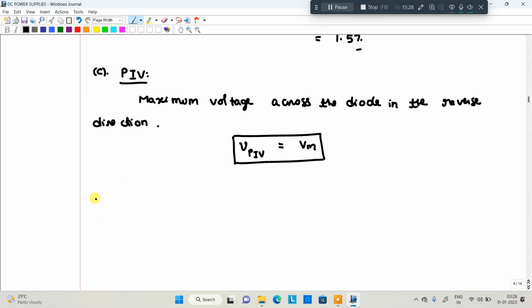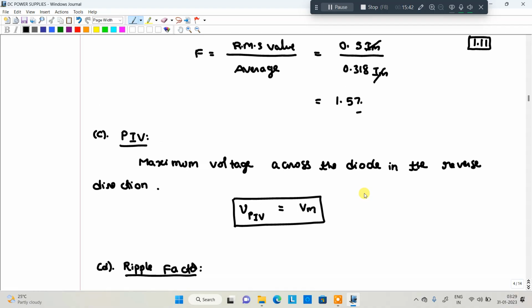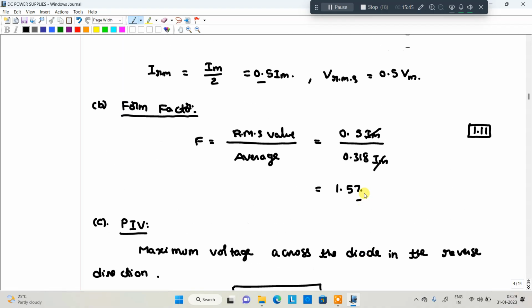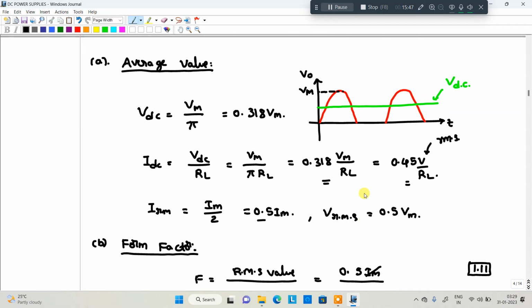After that, ripple factor. The next important point we have to remember is the ripple factor. Ripple factor is a very simple thing. In the case of a rectified output, some pulses, some spikes will be present in the waveform.